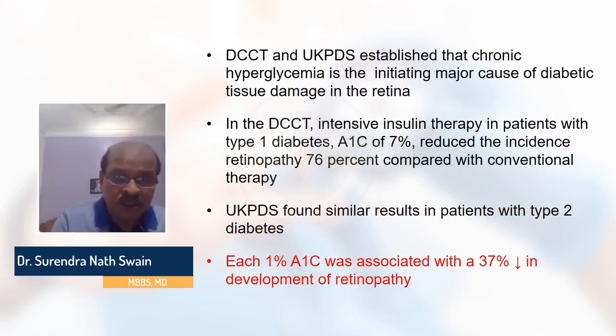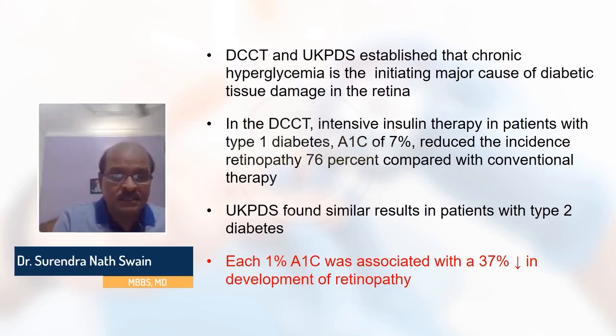So how important is glycemic control in diabetes, you must know. Control of diabetes by regular diet, good exercise, and good oral hypoglycemic agents or insulin will definitely bring the A1C to nearly normal, and every 1% reduction gives a 37% decrease in the development of retinopathy. So this is so important.